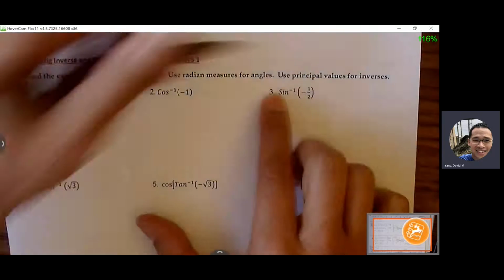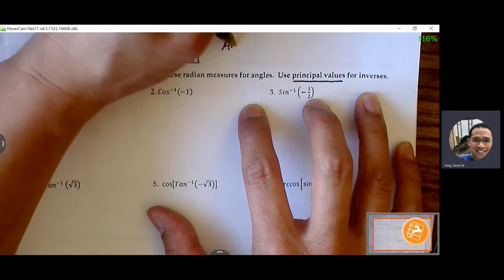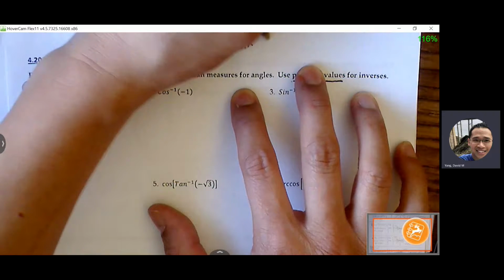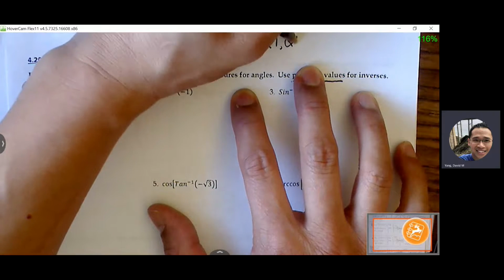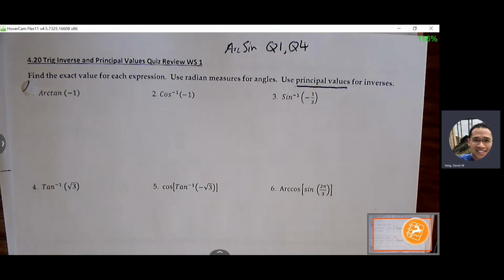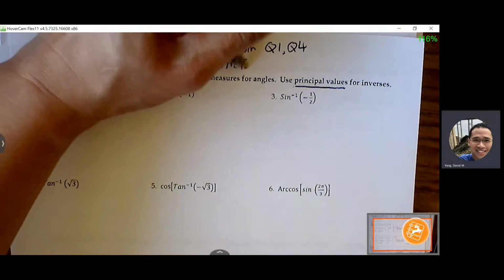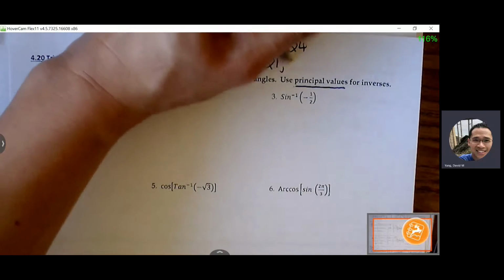Just as a reminder, if we're dealing with principal values, arc sine is going to be quadrant 1 and quadrant 4. But with arc sine, remember quadrant 4 is going to be negatives, like negative pi over 3, negative pi over 4, negative pi over 6. Arc tangent, same thing, quadrant 1 and quadrant 4.